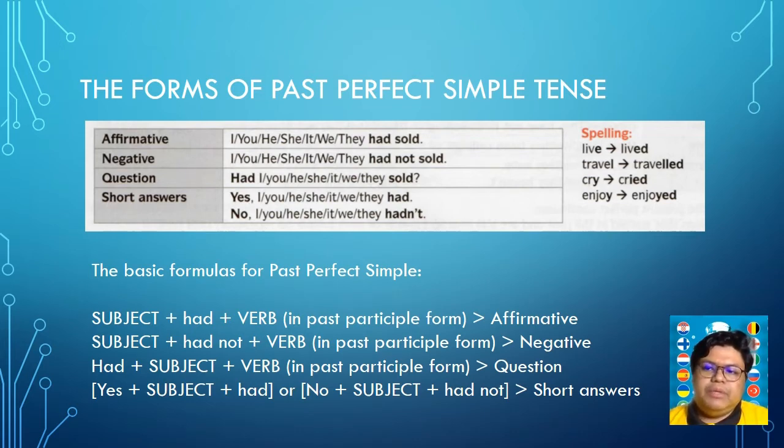Okay, if we want to write question, okay, because every form of tenses has a form of in question kan. Okay, so the formula is had plus subject plus verb in the past participle form. Okay, and also don't forget the question mark, okay, after the verb.